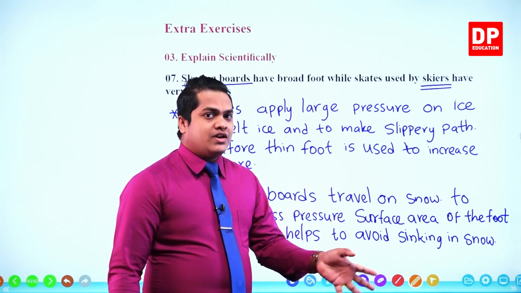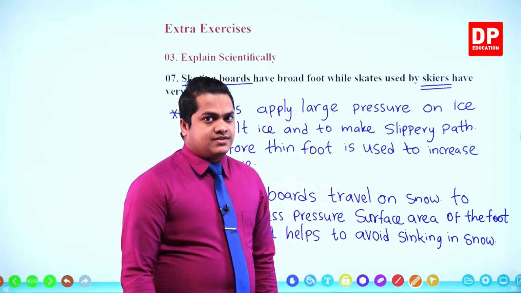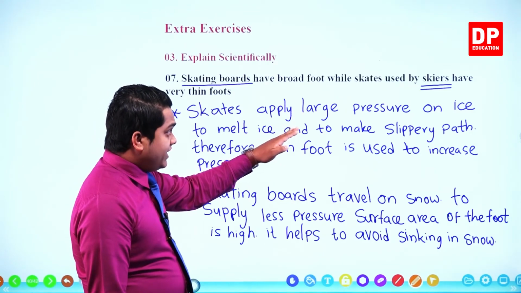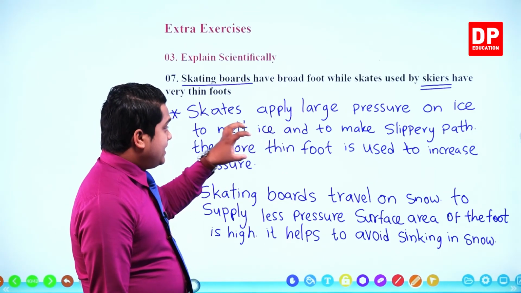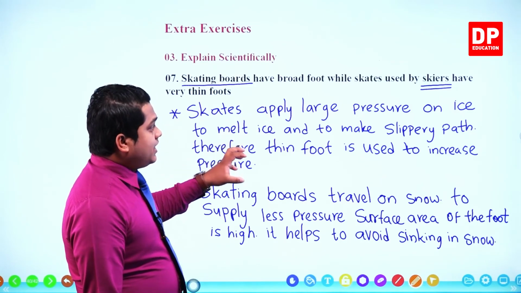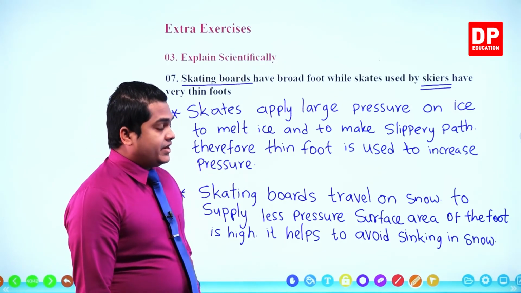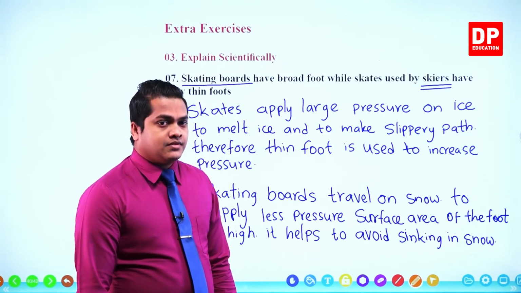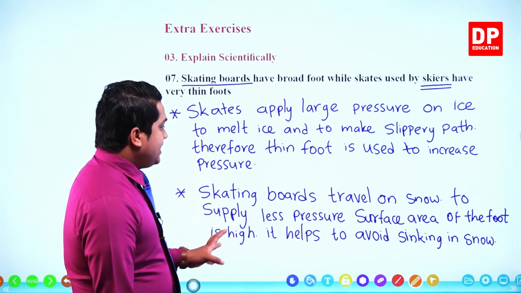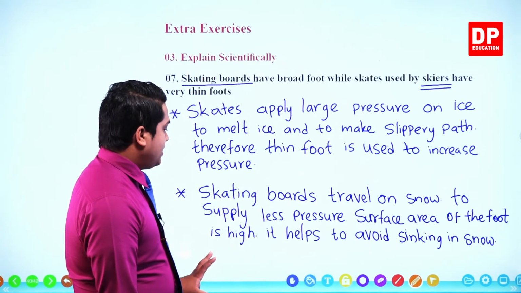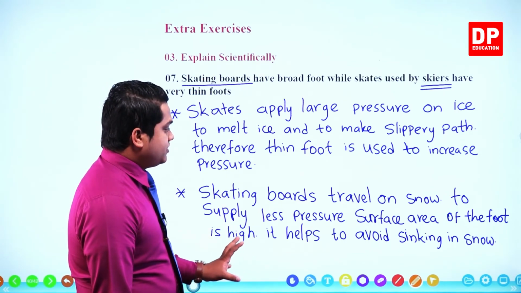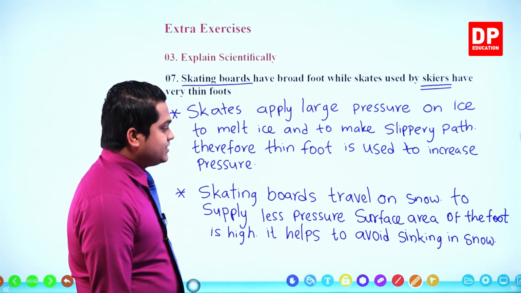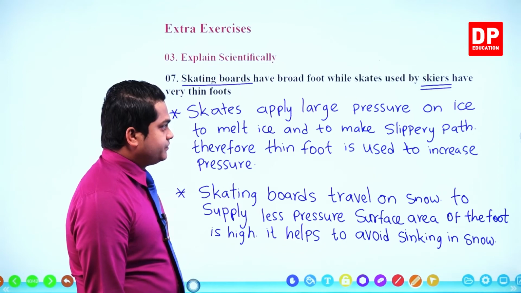So, these two are traveling in two different places. That's why one exerts a large pressure and ice is going to melt and make the path slippery. In the second case, skating boards travel on snow, so therefore to supply less pressure, surface area of the foot is high and it helps to avoid sinking in snow.